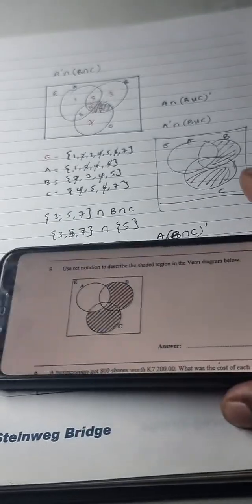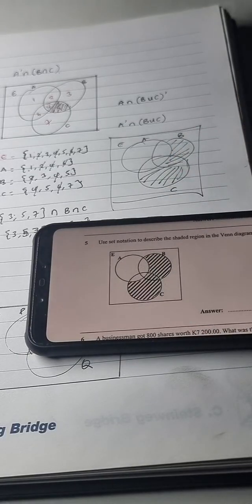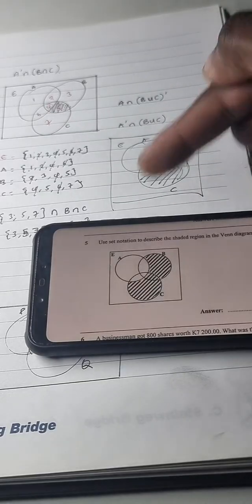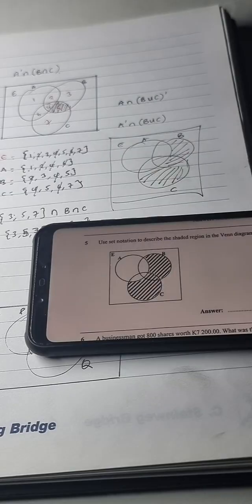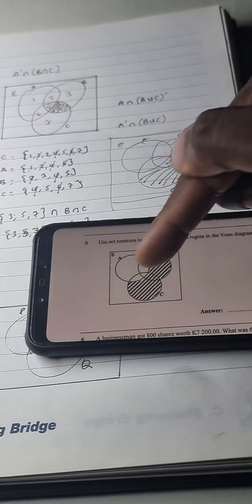Have you seen? This and that are the same way. So who can remember the set notation? We already solved this one, but look at that. It's actually here, it's this one. There's somebody who asked about this one, then I explained how you are supposed to shade.